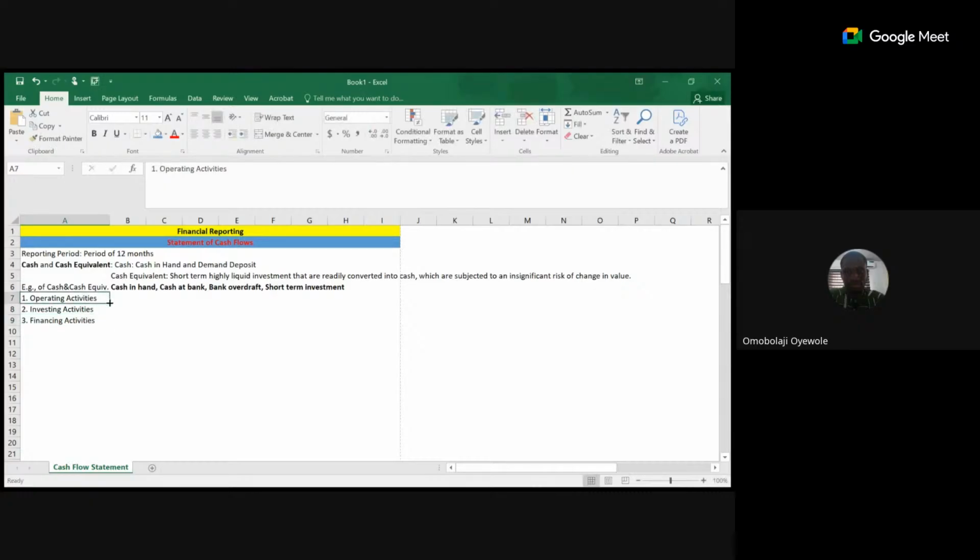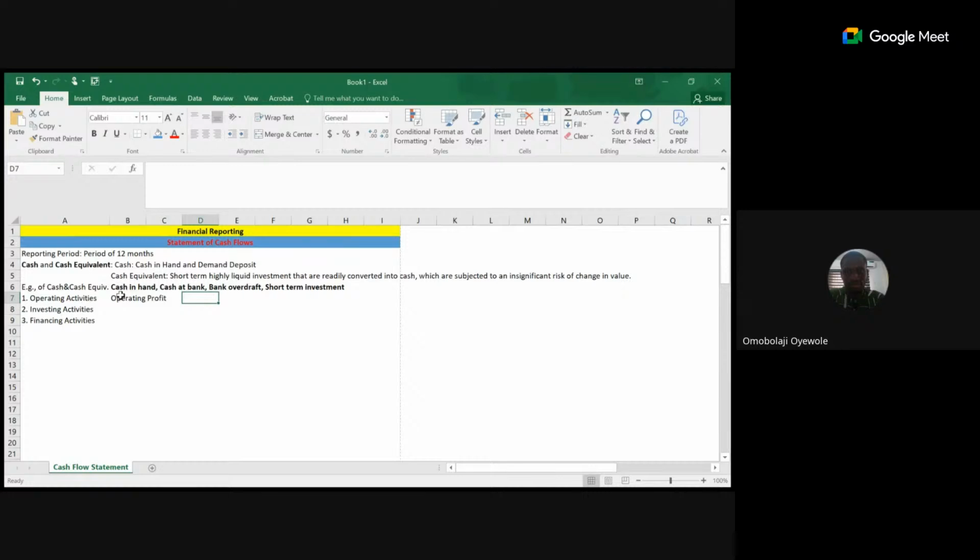So let's take these 3 activities one after the other. We will talk about operating activities. Operating activities are those activities that arise as a result of the day-to-day operations of the business. It is from the operating activities we derive our operating profits, as a result of the operating activities the business has carried out for that reporting period.